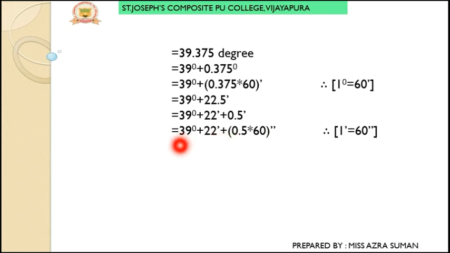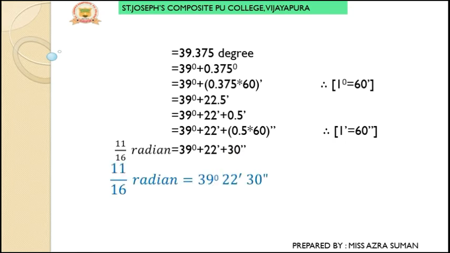So we will get 39 degree plus 22 minutes plus 0.5 into 60 seconds. On simplifying this, you will get 11/16 radian is equal to 39 degree plus 22 minutes plus 30 seconds. Hence 11/16 radian is equal to 39 degree, 22 minutes and 30 seconds, which is the required answer.